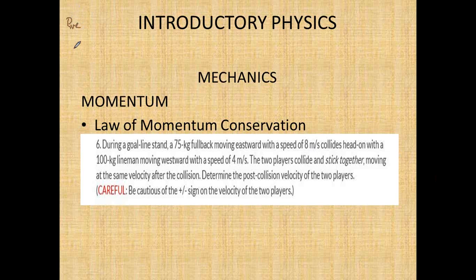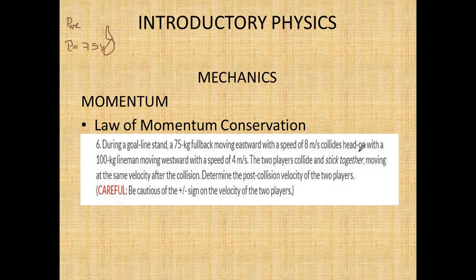So the pre-collision momentum for the fullback is the mass, 75 kilograms, times his velocity, 8 meters per second. He's moving rightward or eastward, so his velocity is positive.